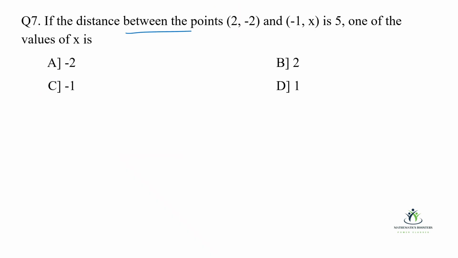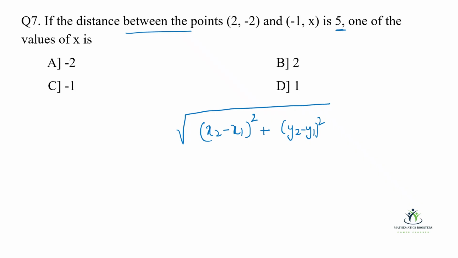Next, distance between these 2 points is 5. What our formula says, square root of x2 minus x1 whole square plus y2 minus y1 whole square. This is nothing but your distance. So distance is given 5. Which one? This one is x1, y1, x2, y2.